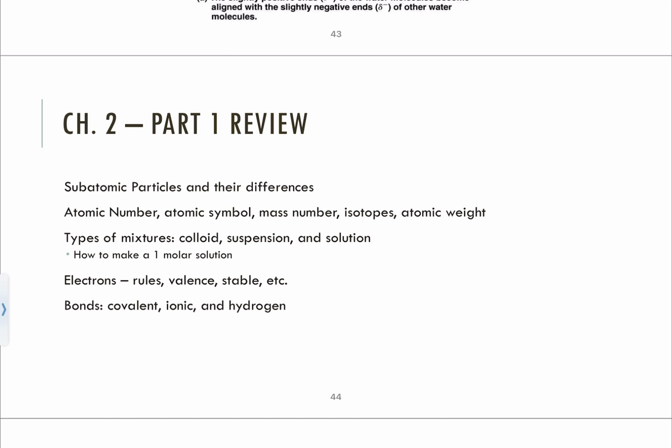We also reviewed types of mixtures. Just have a general understanding of the three different types: colloids, suspensions, and solutions. You also need to know how to make a 1 molar solution, which again is just calculating the molecular weight of the molecule that you're trying to make a 1 molar solution of. And understand what we just went through when we talk about electrons, the octet rule, with the exception of the first electron shell that can only carry 2 electrons.